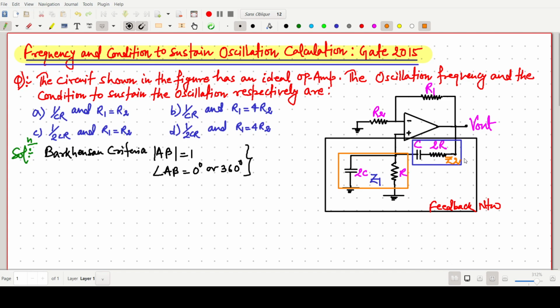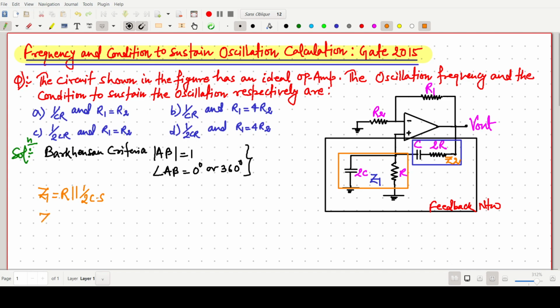So Z1 and Z2. If we think about Z1, it is nothing but simply R parallel with 1 by 2CS, or 2CS, anything you can write.